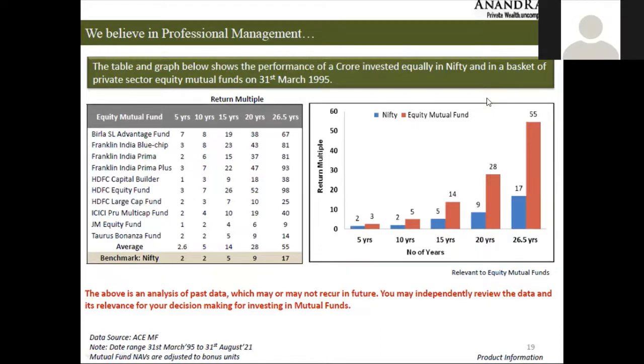If we close our eyes to what he gets on the side, it's going to cost us 1%. That 1% is just for him dealing with us. Then the vehicle, say Franklin India Blue Chip, has a 2.9 expense ratio.